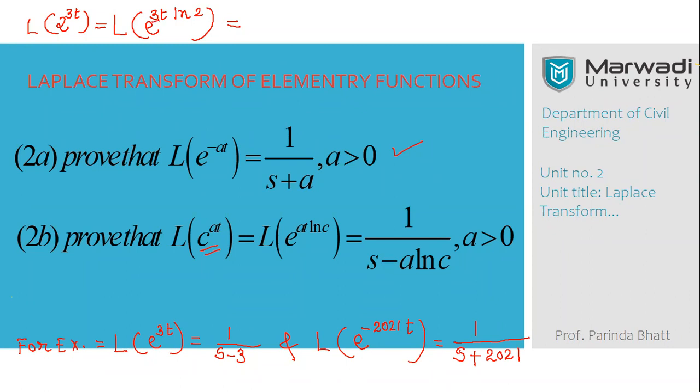Therefore, the t coefficient is 3 ln 2. Therefore, 1 upon s minus 3 ln 2. Right? This is formula number 2b because we derived it from formula number 2. Clear everyone? This 2a, 2b and 2. Any doubt?